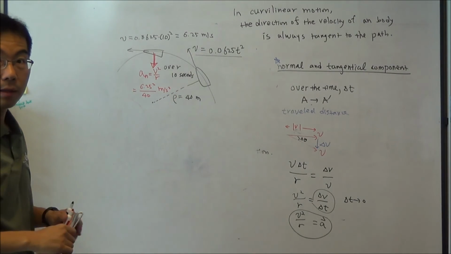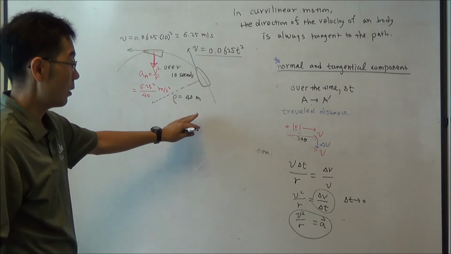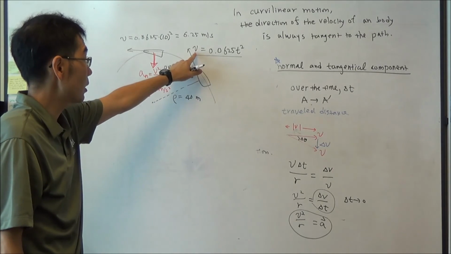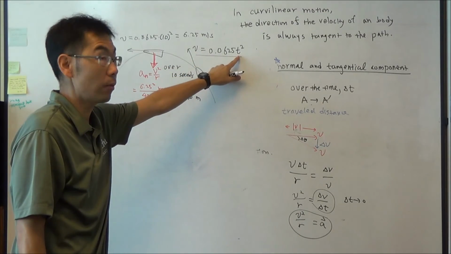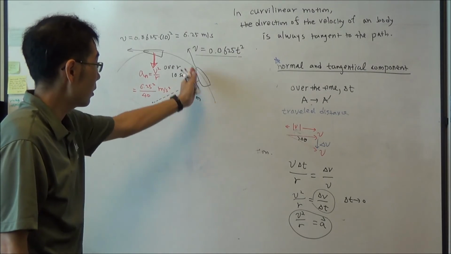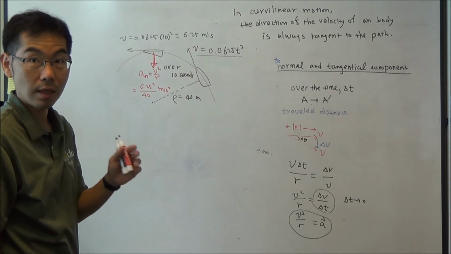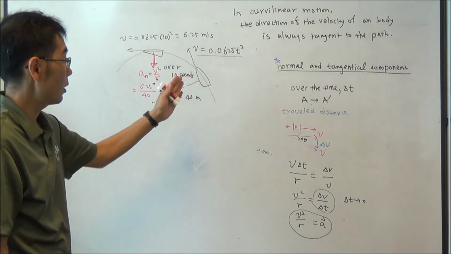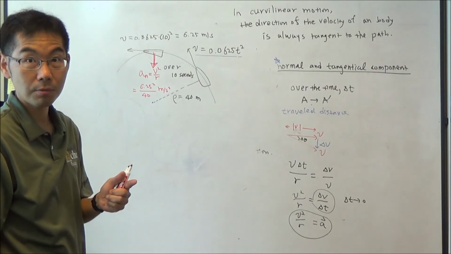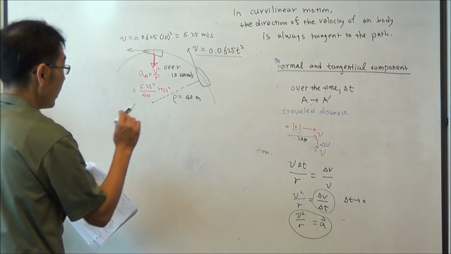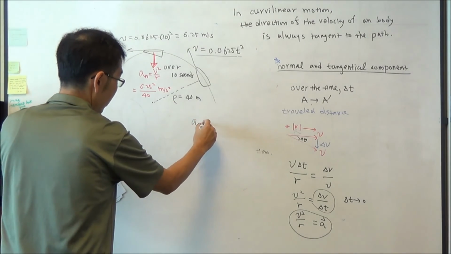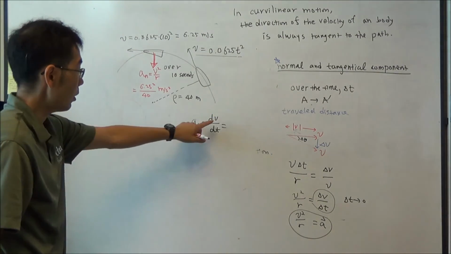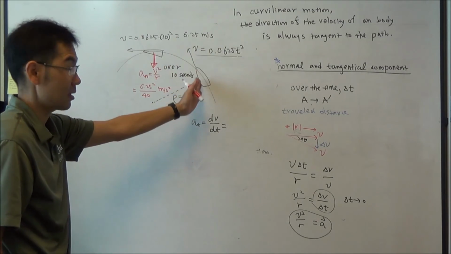And unlike the example I showed in the previous video, right now the velocity is given as t squared, so the tangential velocity is not constant. Tangential velocity keeps changing, which means we can think about the tangential component of acceleration as well. The tangential component of acceleration a_t is equal to dv over dt, because we know the velocity is always tangent to the path.